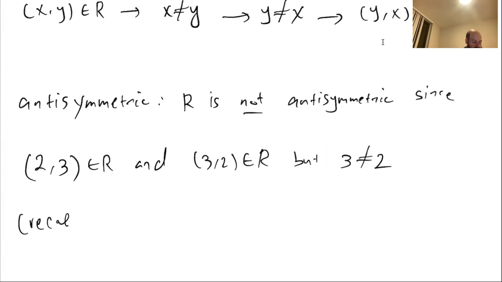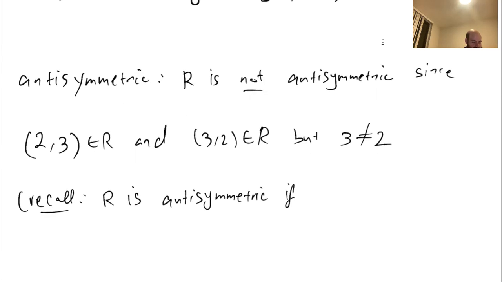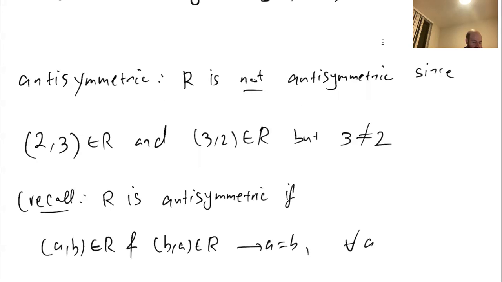Recall, R is antisymmetric if (A, B) belongs to R and (B, A) belongs to R implies that A is equal to B for every A and B.